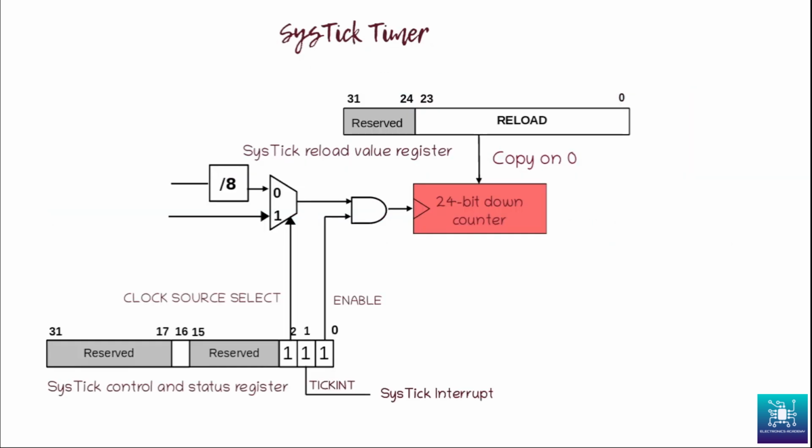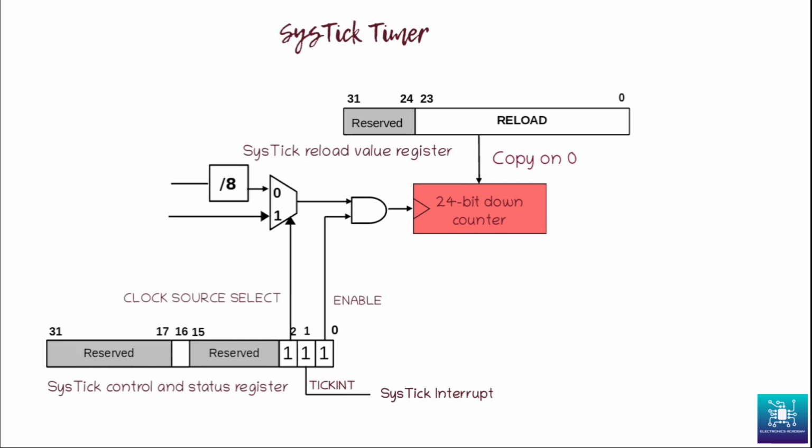Here is a diagram of the Systick counter or timer, how it looks. There are mainly 4 registers that the timer is controlled with. We have just shown 2 registers here, the reload value register and the control register, in this diagram.